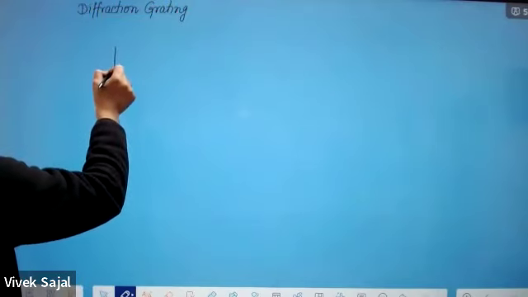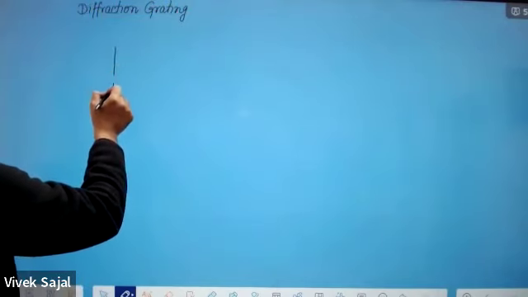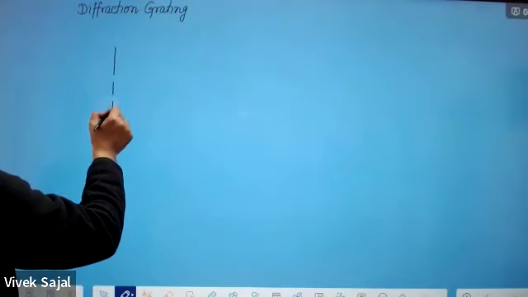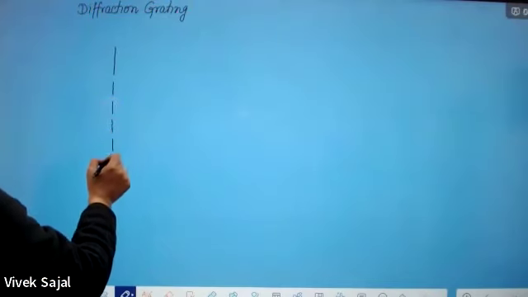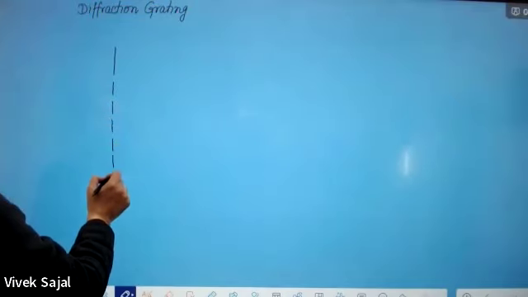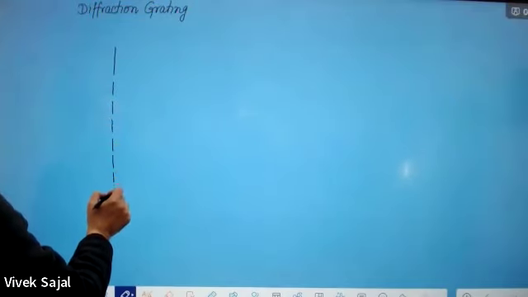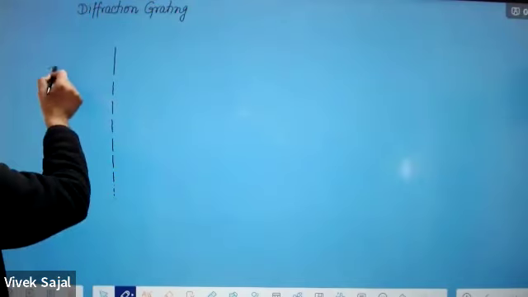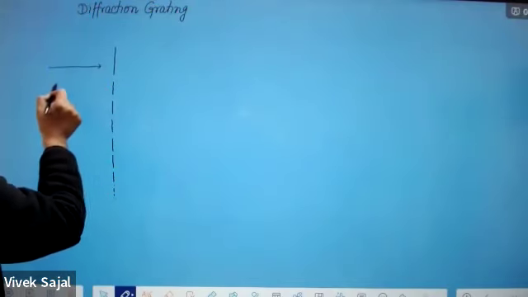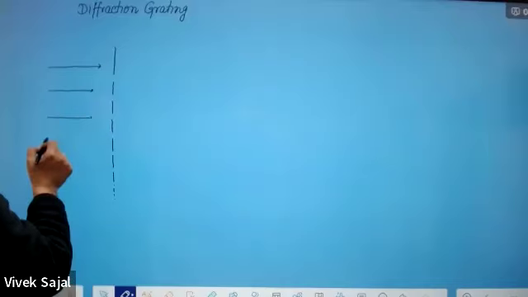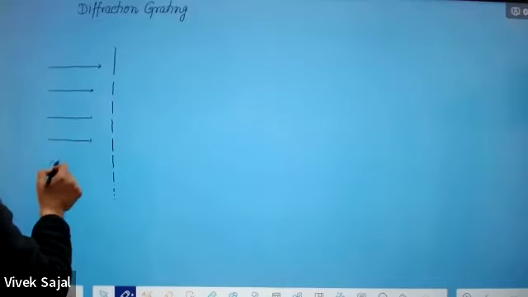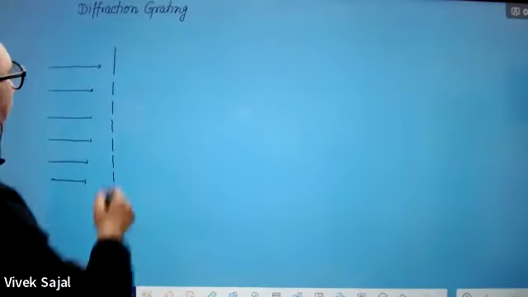So you are having n number of slits, width is e. A planar wavefront is incident like this.